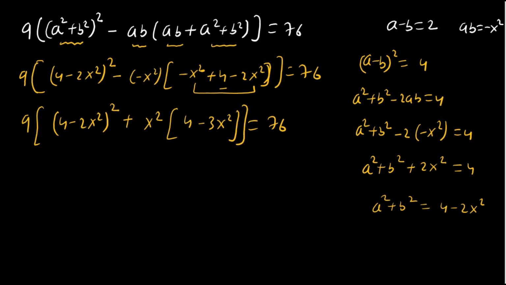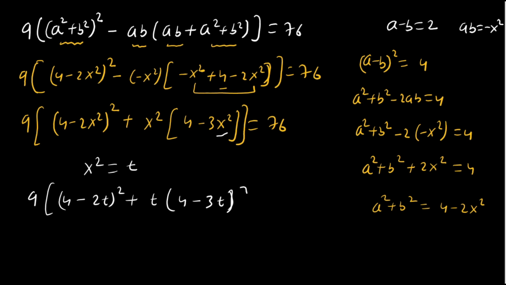Here if we substitute x square equal to t, then 9 times 4 minus 2t square plus t, and here 4 minus this x square is replaced by t, then 3t, and this is equal to 76.